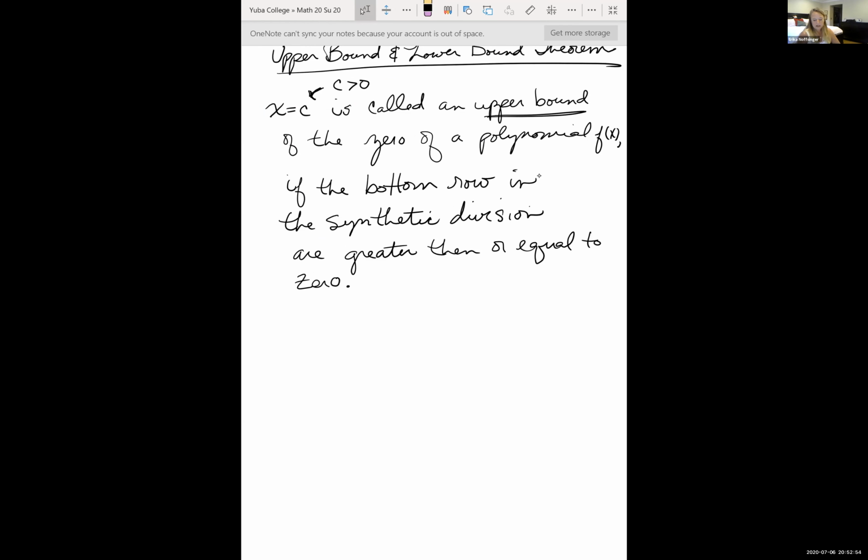The lower bound theorem says our value that we're testing actually has to be a negative number.